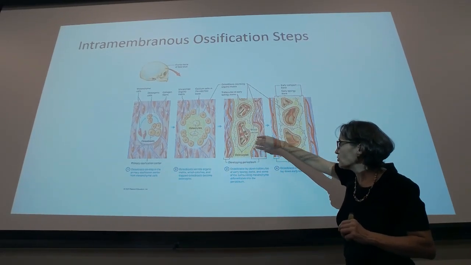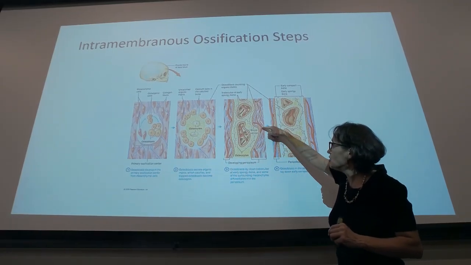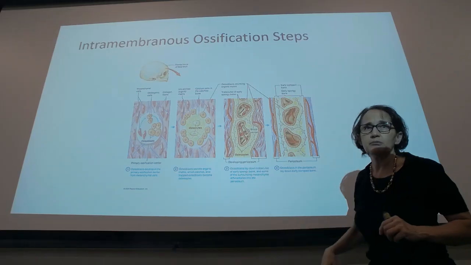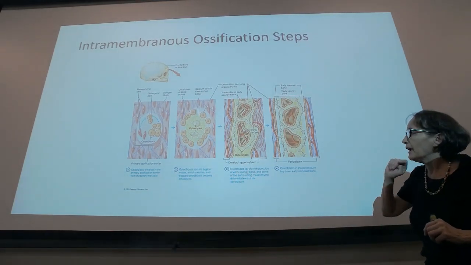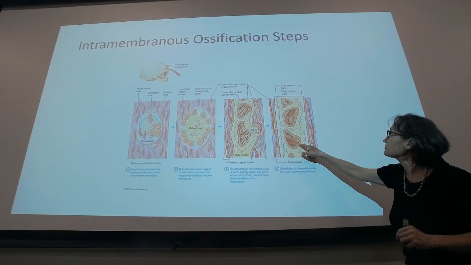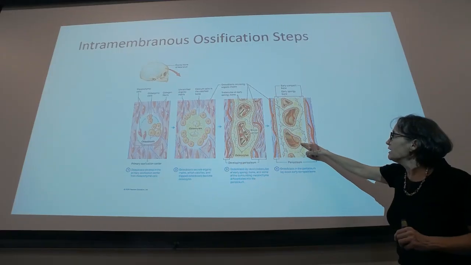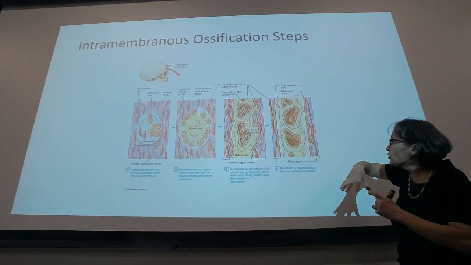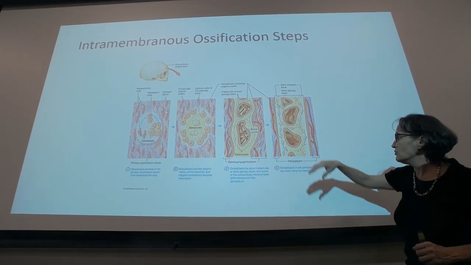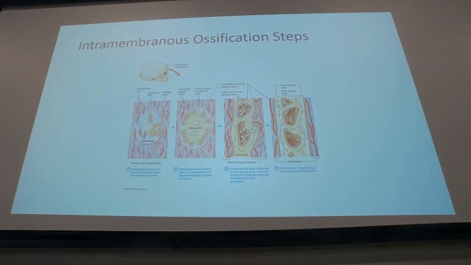Some of the surrounding cells of the mesenchyme will differentiate and develop the periosteum. And in this area where you have your blood vessels, you will have more osteoblasts secreting organic matrix so that the bone grows and you form compact bone. Those are the steps of intramembranous ossification.